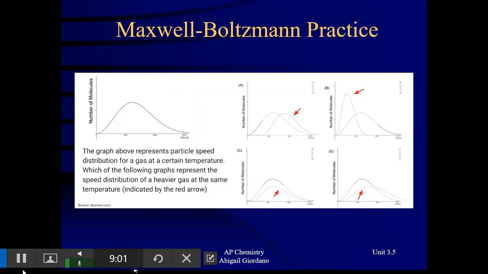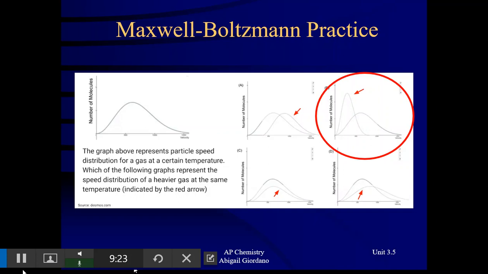So I want you to look at these answer choices and see which curve you think makes sense. You can pause the video here if you want and think about it. All right, hopefully you selected letter B as your answer.